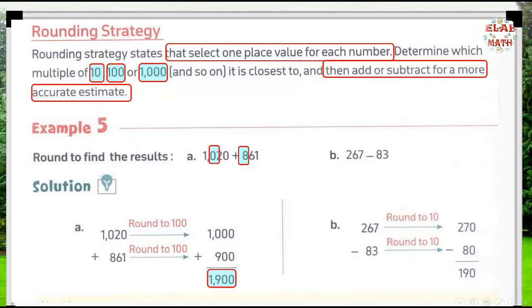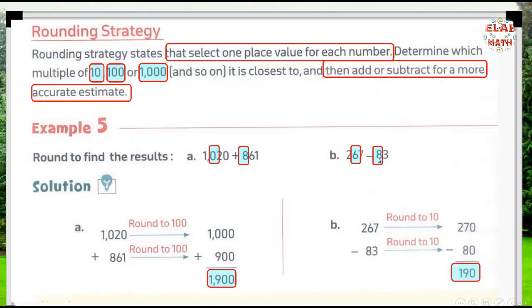We can round to 10. We don't have 100 to round to, so here we round to 10. Where is the tens place? In the tens place we have 8, and here we have 6. Look at the next digit. We have 7 in the first number, which is more than 5, so write 7 instead of 6, 270, like this.